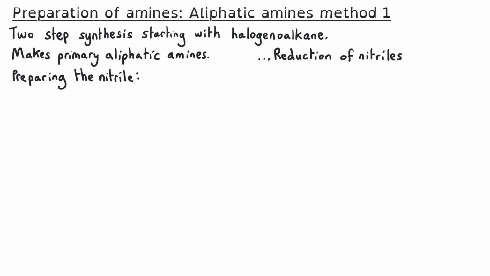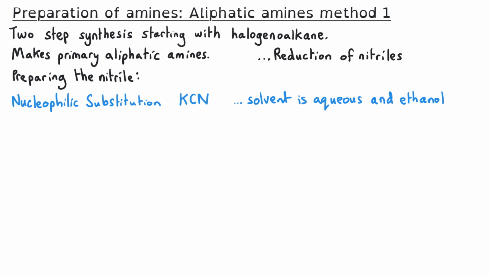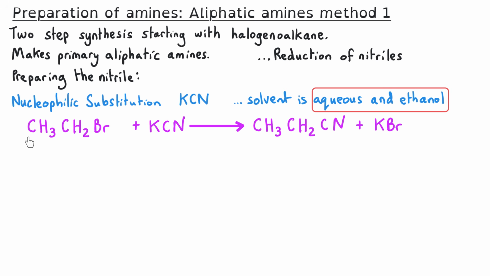We can prepare our nitrile through nucleophilic substitution of a halogenoalkane using KCN dissolved in a solvent that is a mixture of water and ethanol, or you could say aqueous and ethanolic. The equation for this reaction could have bromoethane reacting with KCN, and we would produce a nitrile, which in this case would be propane nitrile and also KBr.